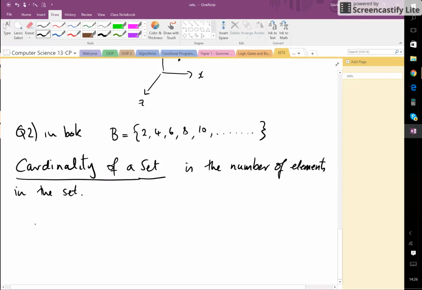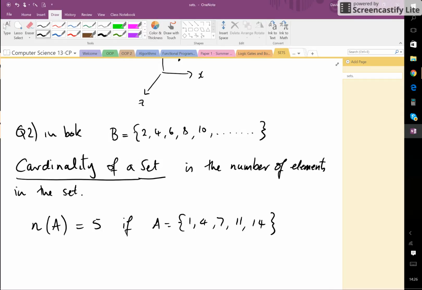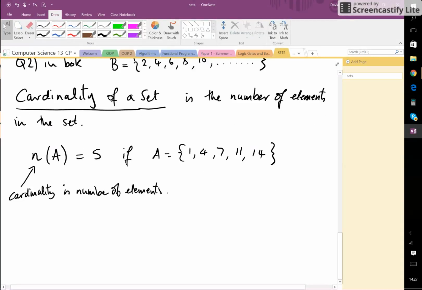So, for example, the cardinality is often written like this: n of A is 5 if A is that. The number of elements in set A is 5 if A is that. We've got 5 elements in the set, so this is the cardinality of the set. Here's the number of elements. Remember doing that at GCSE maths? Right, so that's that.